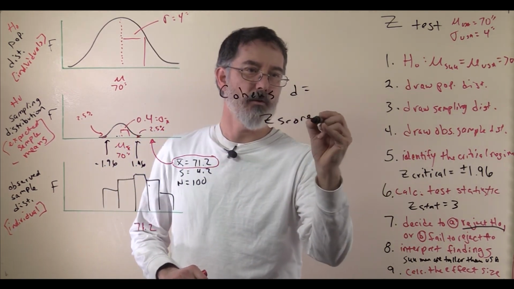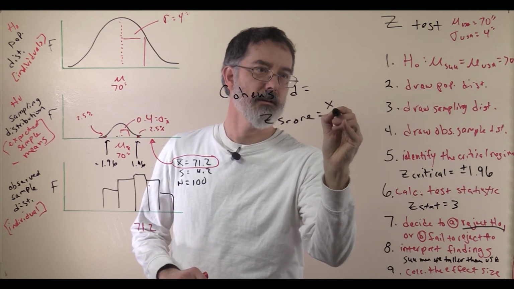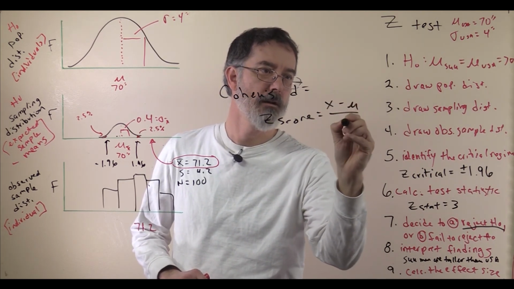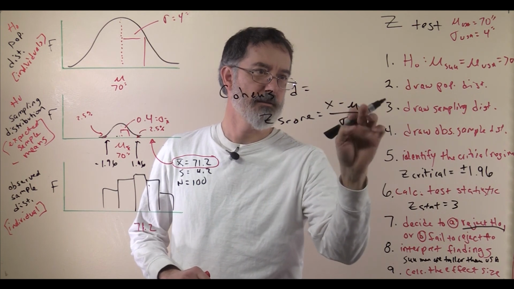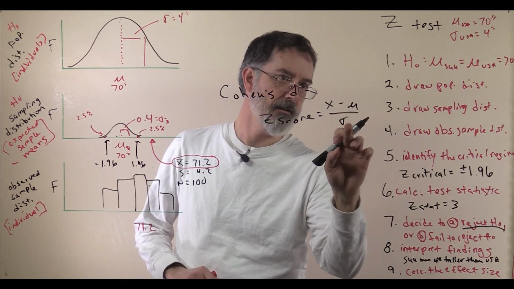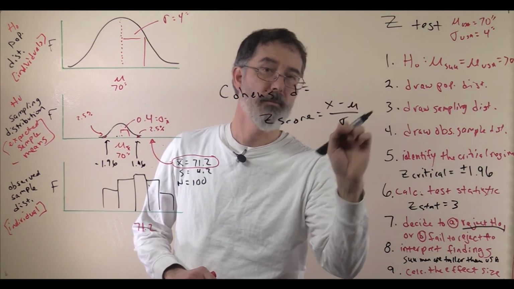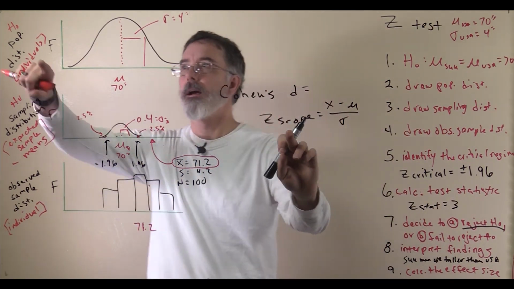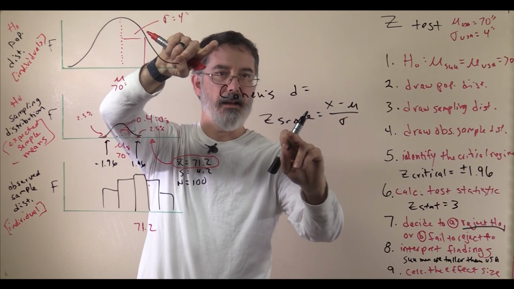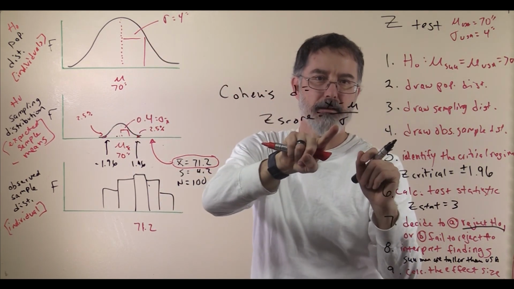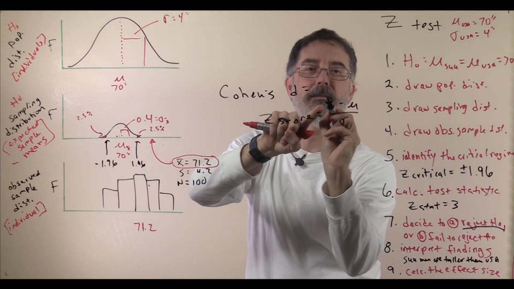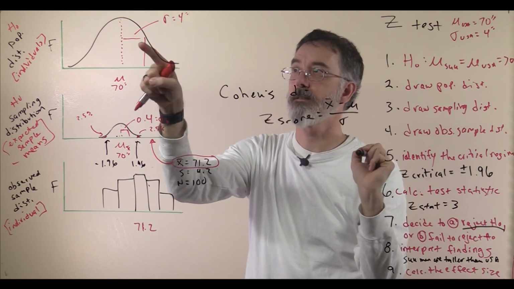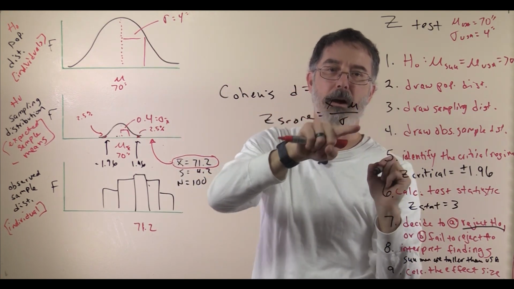Remember, a z-score is a score on a distribution, so it's the number of standard deviations the score is away from the mean. And Cohen's D is a z-score up here at this level. Cohen's D tells us how many standard deviations away the observed sample mean, that location on this distribution, is from the population mean.